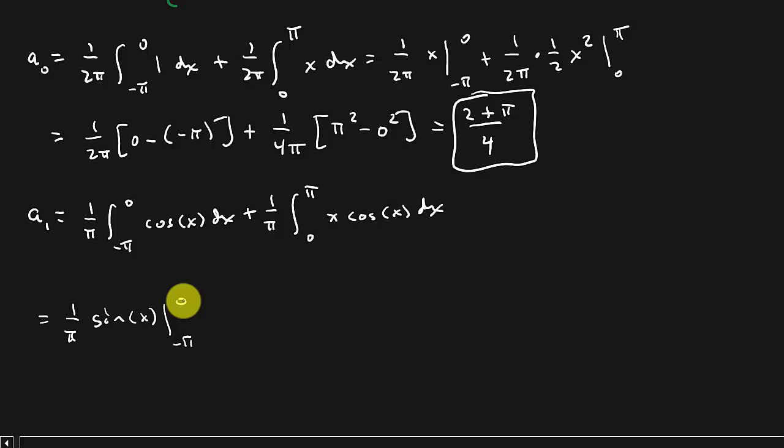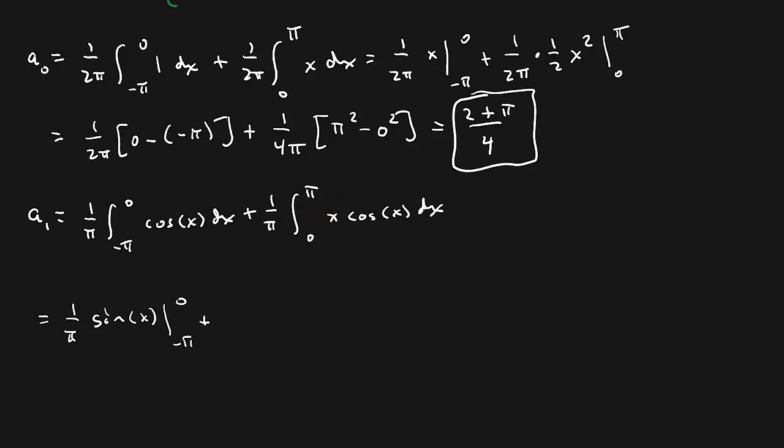Plus, now we've got to integrate this thing. Okay, we've got to integrate this. So look, go over to the side and do it. Let's see. What do we got to do here to integrate this? That's right, integration by parts.